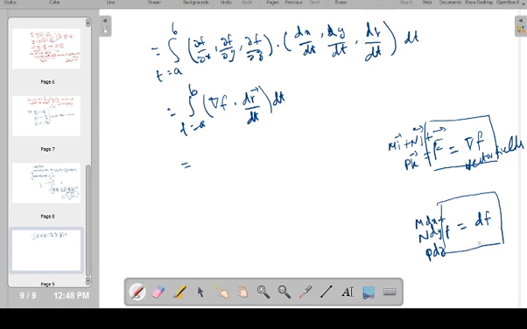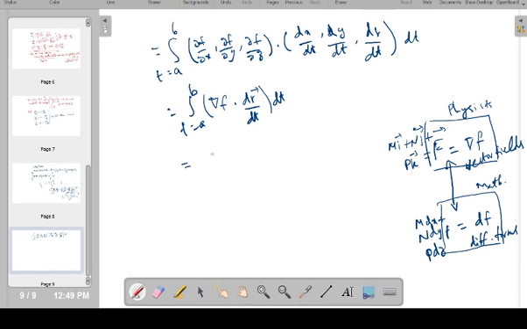This is for differential forms. Remember, they are one and the same thing. This is the way physicists like to write their expressions, and this is how mathematicians like to write them.